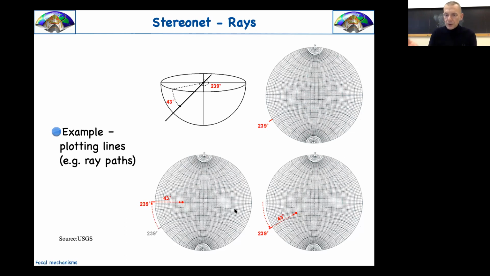Those two circles, those two curved lines, those two great circles, one will be the fault plane, the other one will be the auxiliary plane. But we will never be able to distinguish them because of the symmetry of a moment tensor. What we know from the theory that we developed is that they have to be divided into 4 quadrants. And this is the idea.